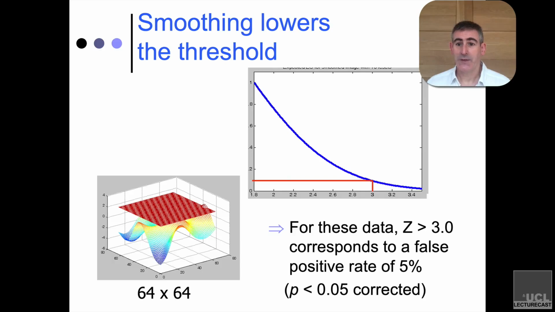All I need to do is smooth it at 8 millimeters now, and that activation is likely to reach significance because my statistical threshold will decrease. Two problems with this. One is this is essentially fishing in your data. You've already looked to see what your data look like, and then you're changing your data to try to make it significant. And that is not considered best practice by any stretch of the imagination.